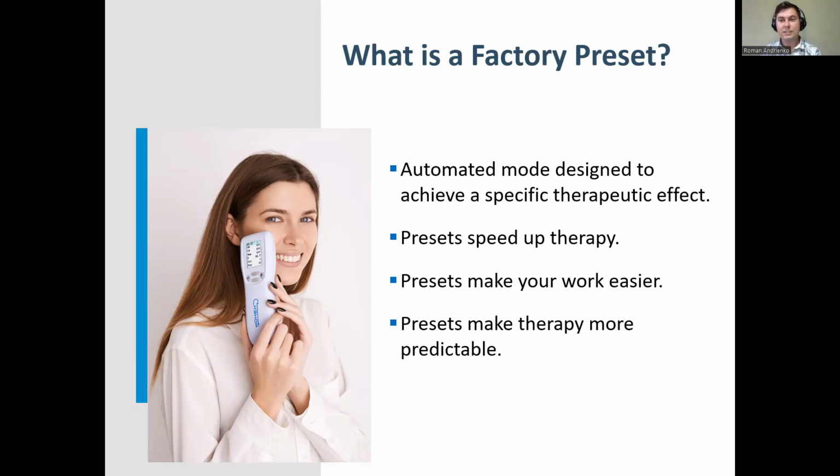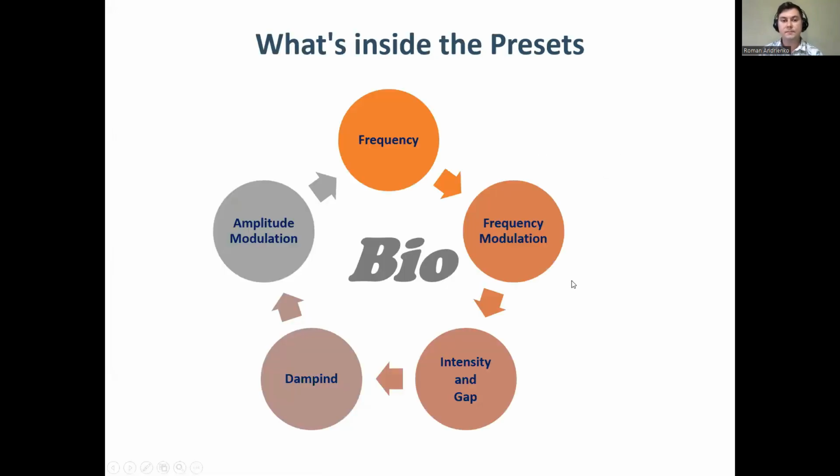But don't worry. This is why we have the presets, and this is why everything has already been done for you. You only need to identify the correct preset, apply it, and start working and get results. It makes your work easier, and it makes your therapy and the positive outcomes more predictable.